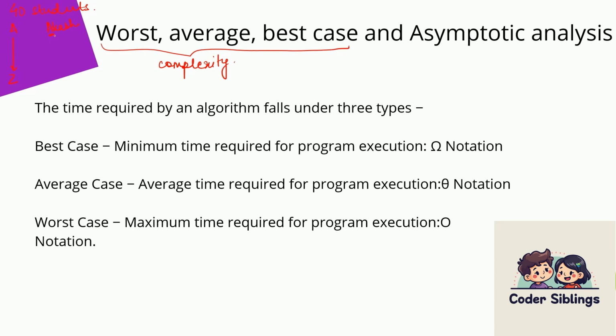Now, since it starts with A, it will be present within the first few. Probably it is the first roll number of the class. So, for you, finding out Akash as the first roll number will be the best case scenario because it is located at the first position itself, right?